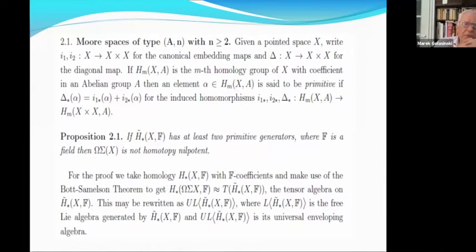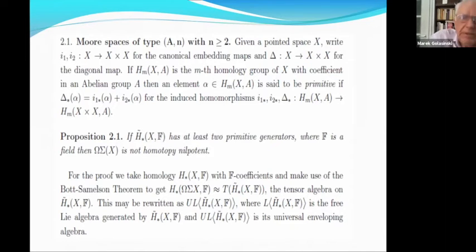Now if we have a homology group of X with coefficients in a group A, then we say that an element alpha of this homology group is primitive if the value of the map induced on homology by the diagonal on this element is equal to the sum of the values of alpha under the maps induced on homology by the canonical inclusions i1 and i2.